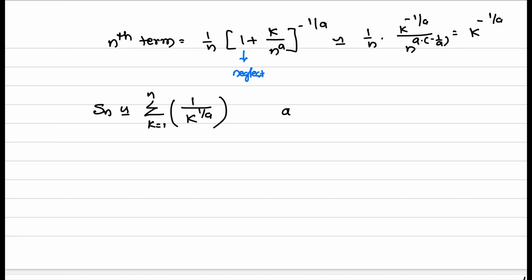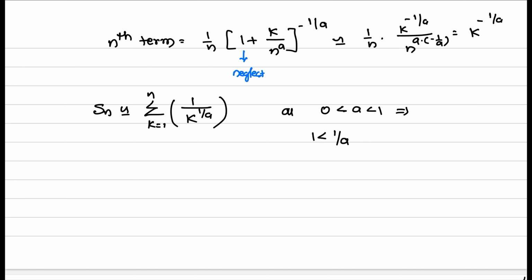As 0 is less than a is less than 1, that means one is less than 1 by a is less than 0. No, 1 by a is not less than 0, because a is positive, which means 1 by a will be positive.